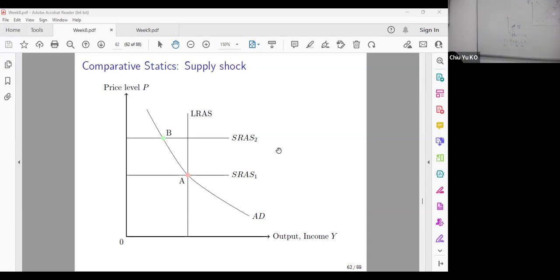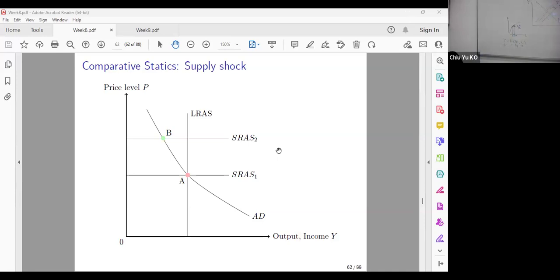And another case is the supply shock, which means that suddenly there are many firms that enter the market, and that makes the price go up. You jump from A to B here.